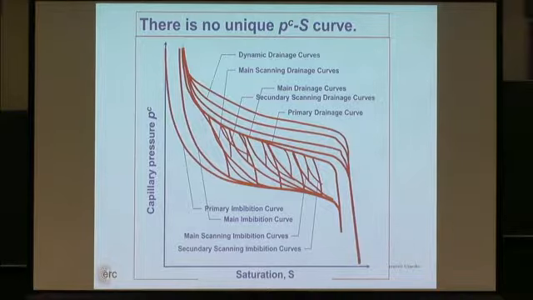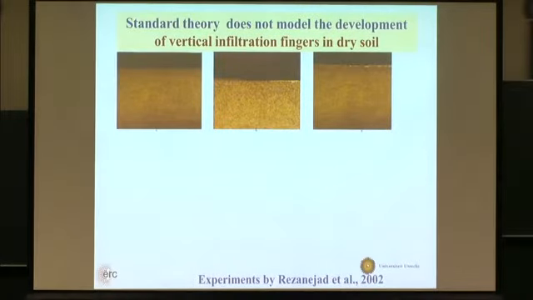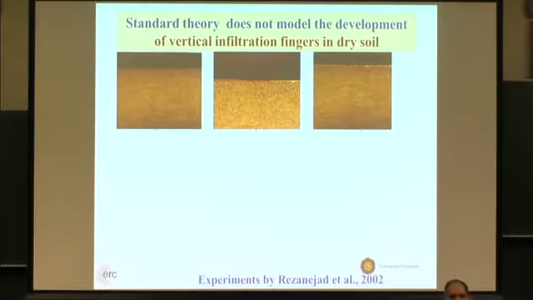And then you have the dynamic curves, drainage and imbibition. It's really a mess. And all of this is supposed to be given by that formula. It doesn't make sense. You need something more elaborate than that simple formula to be able to explain all of this. And so, as I said, the premise, well, it works, so we shouldn't worry about it, but it doesn't work in this regime.